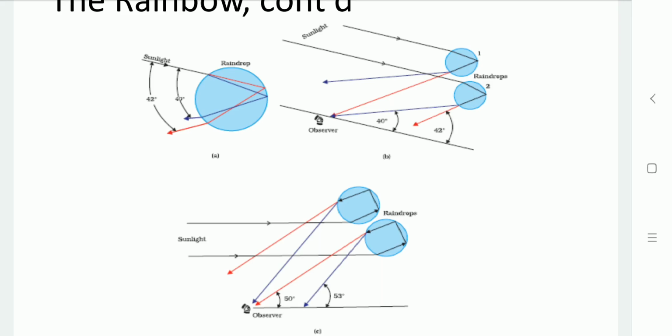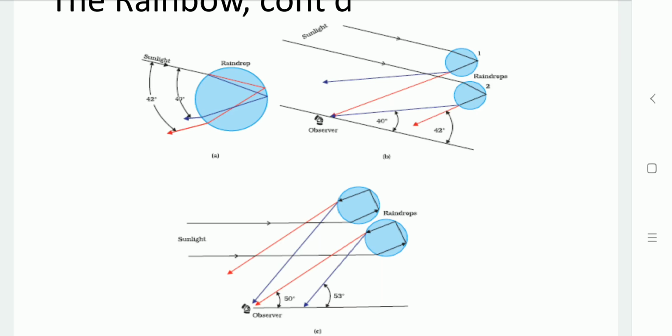Here we are taking two drops to understand that angle. Red light from drop 1 is visible, and violet light from drop 2 can reach our eye. The violet light from drop 1 and the red light from drop 2 are directed above or below the observer.